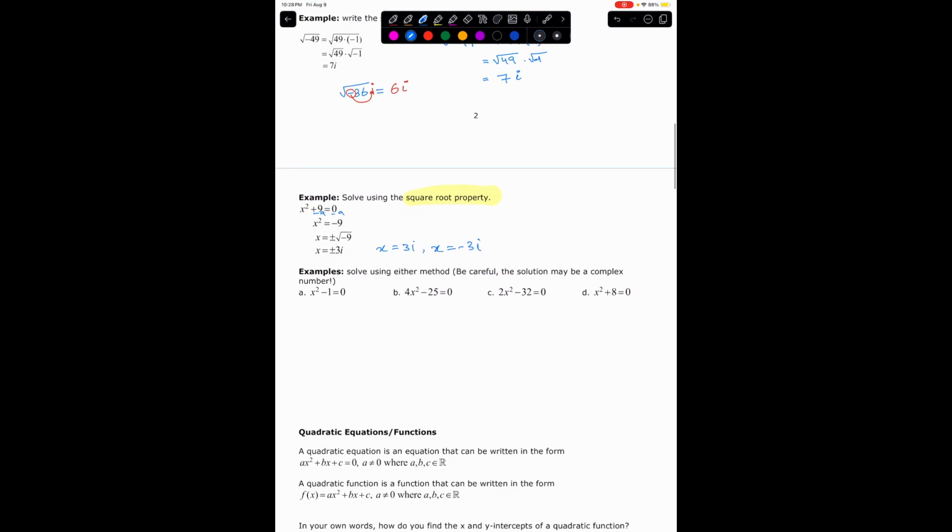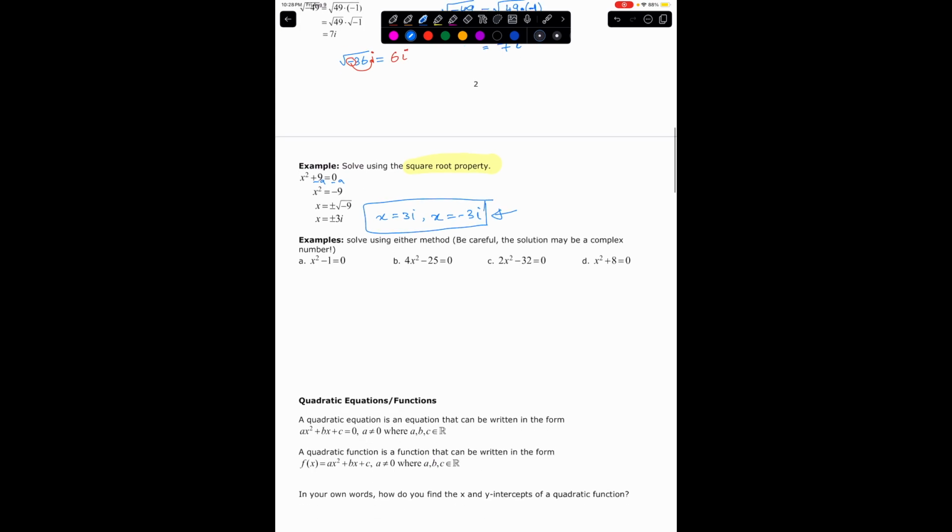Here is an example. Let's use the method that we learned in order to solve each of these, and we have to be careful. Some of the solutions might be complex numbers. The first one, x squared minus 1 equals 0. I could use the square root property. I'm going to add 1 to both sides of the equation.